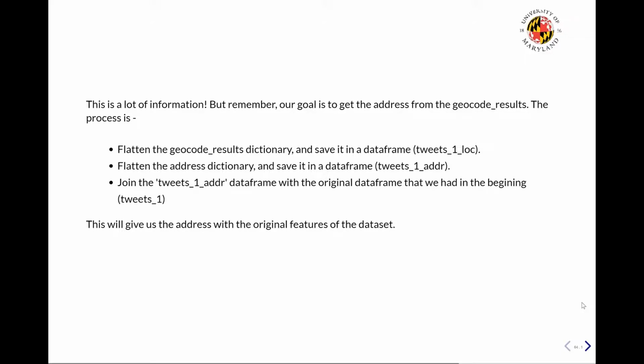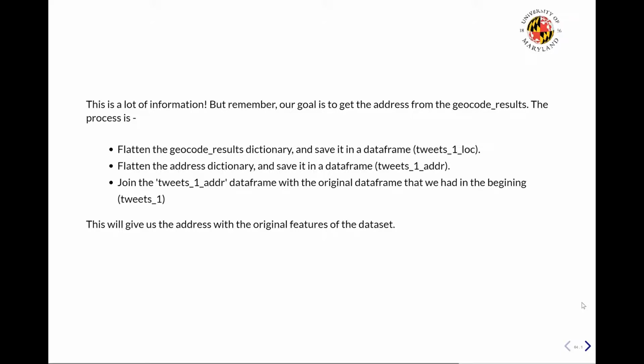What we actually need is the components of the address, just the postcode actually. So we'll start to flatten the dictionary and try to save the components as columns for ease of processing. First, we'll start by flattening the geocode results to dictionary.